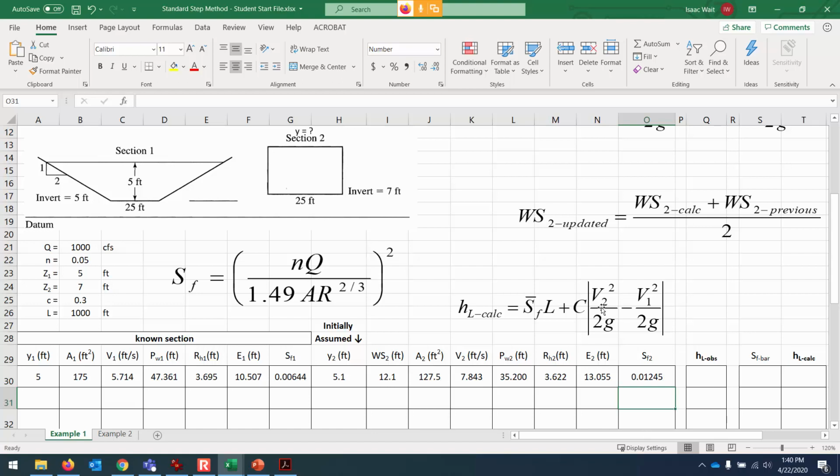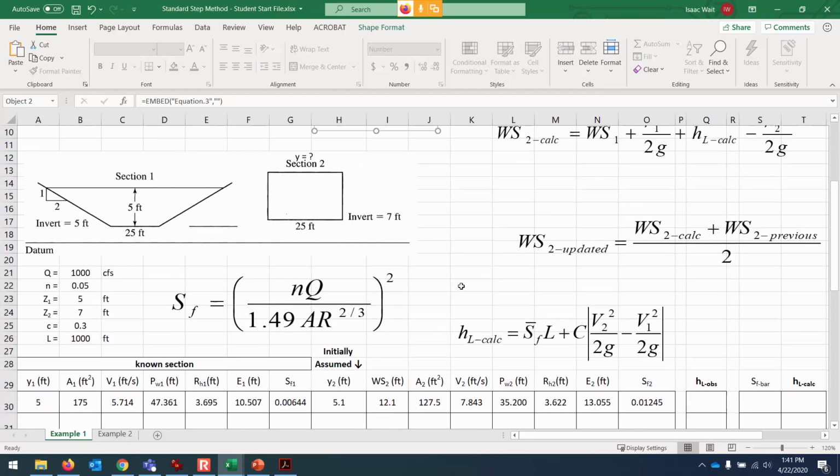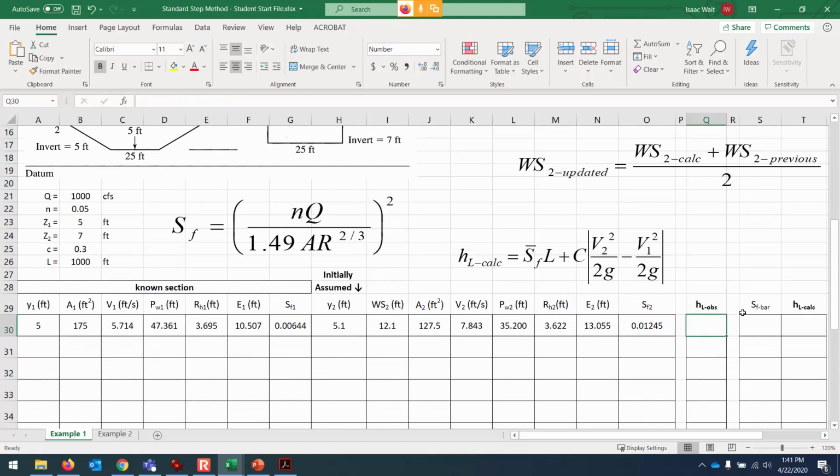All right, next, the observable head loss. Now the observable head loss is E2 minus E1. So if I scroll up a bit, I think you'll see the formula here that tells me what observed head loss is. So observed head loss is E2 minus E1.